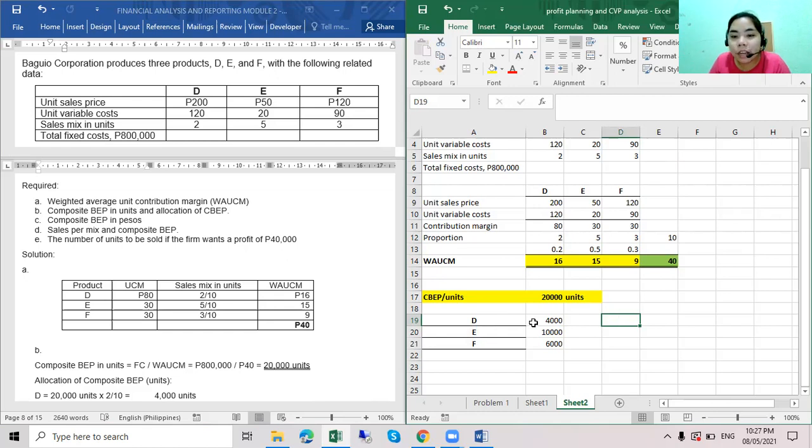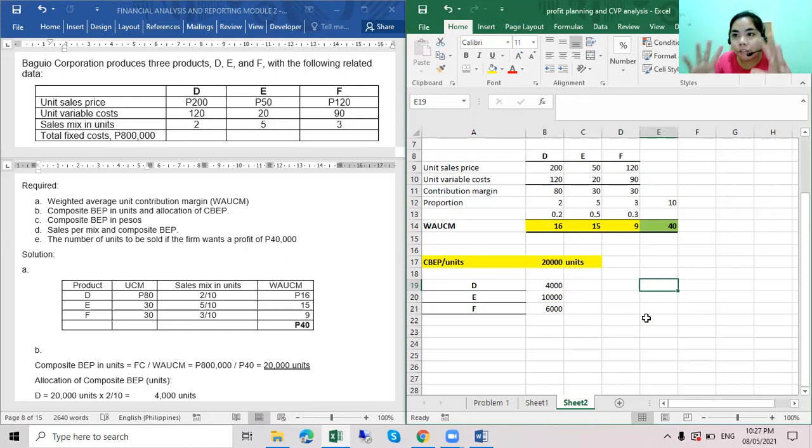So, if magbaligya ka 4,000 ni D, 10,000 ni E, 6,000 ni F, you are at break-even. Total mo ni sila, that is 20,000 units. So, na sa class, no? If you have multiple products that you sell. So, that is how you compute your composite break-even point and its allocation.